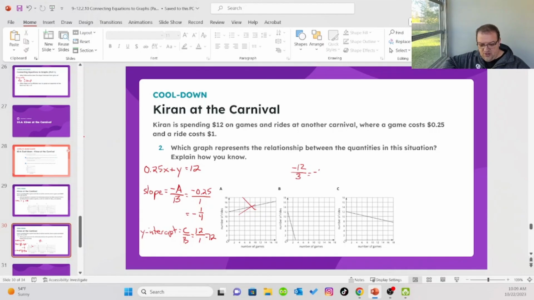That is a slope of negative 4, and we have a slope of negative 1/4. So it can't be B. Now if we look at C, we go from 12 down to 8, which is a change of negative 4, as x changes from 0 to 16.